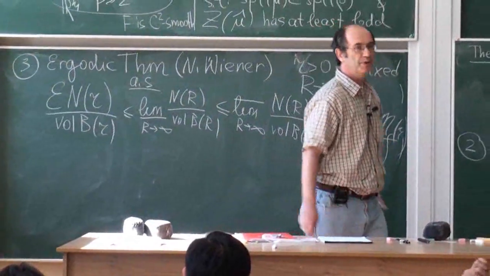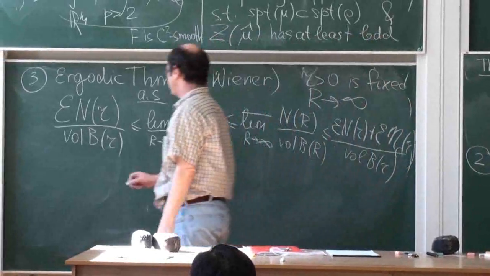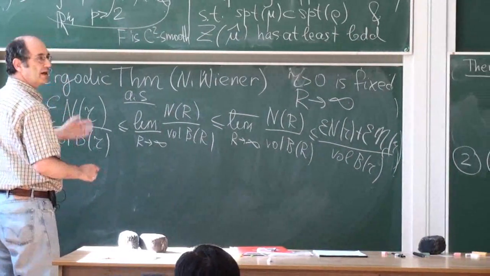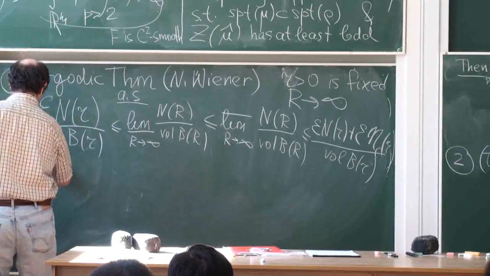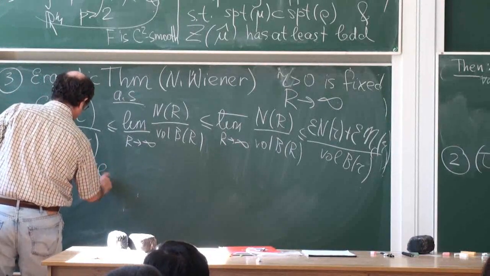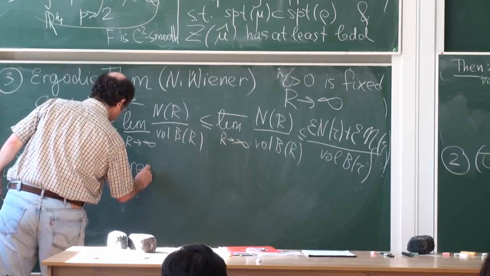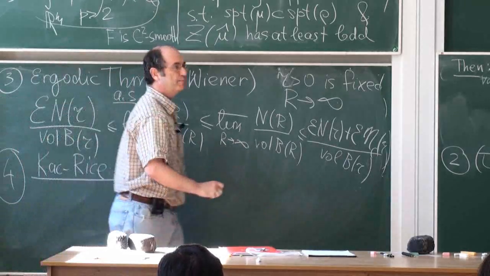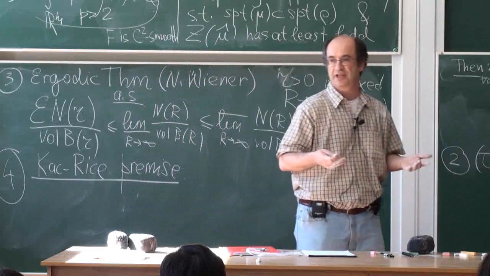And this is simple. The next step, this is an absolutely classical device in Gaussian processes. It is called the Kac-Rice formula. When you deal with critical points, you can actually compute them.